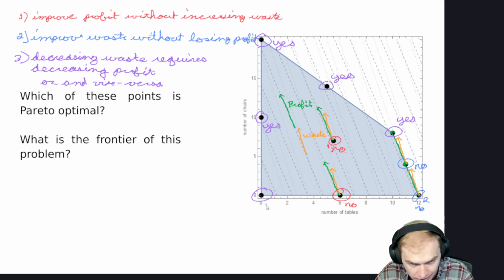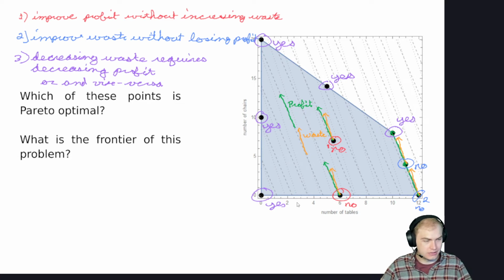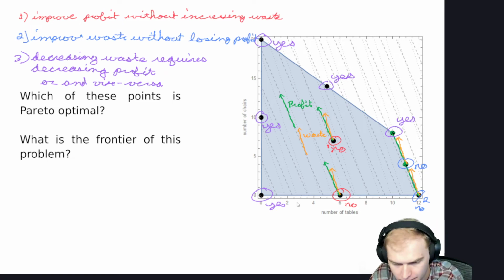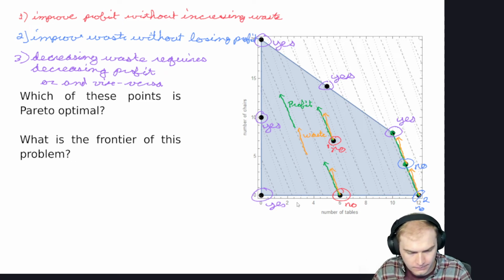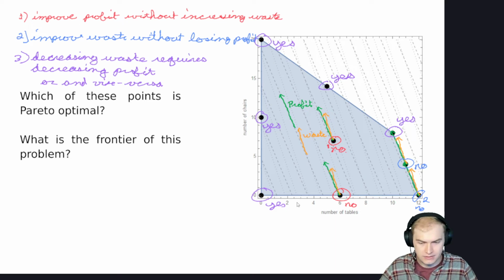So actually, yes, it is Pareto efficient. So that's neat, that the origin is Pareto efficient.